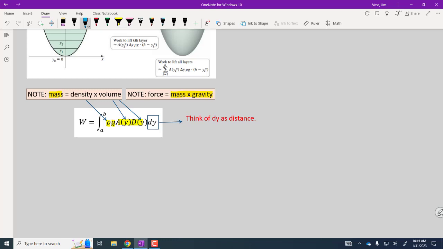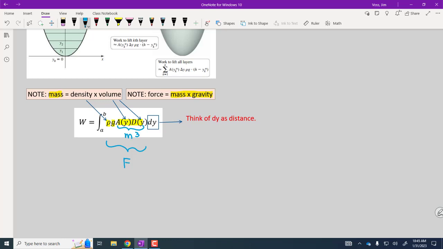So this right here is meters cubed. Density times volume gives us mass. So now we have mass times gravity. Mass times gravity is force. Force times distance is work. So the units all match perfectly. And the units for these problems are kind of how you keep your anchor into them.